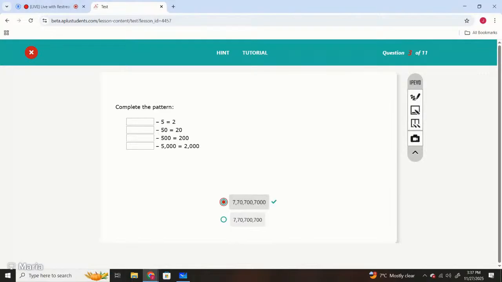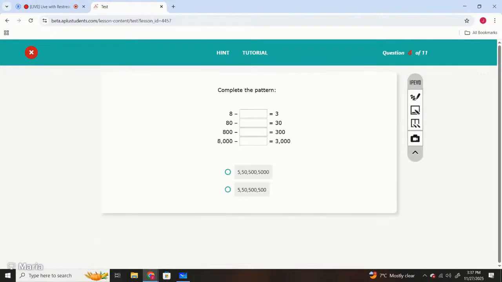Option number 1 is the correct option. Complete the pattern.